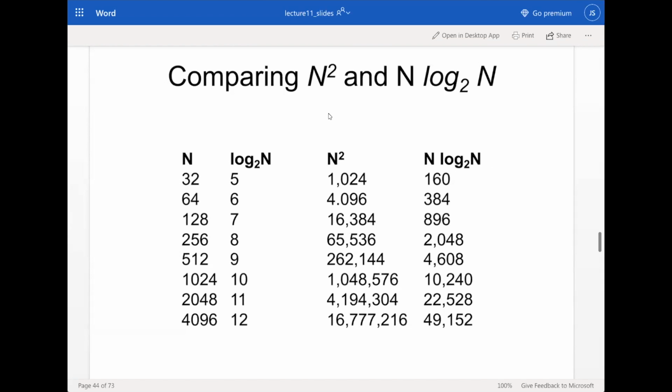So if we look at time complexity in terms of n versus log n versus n squared versus n log n, right? Log base 2. We can see that as we increase the number n, log n, n squared, and n log n show the growth.